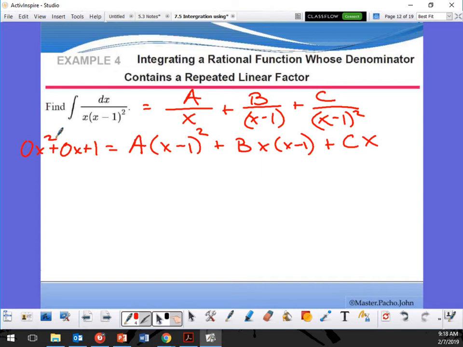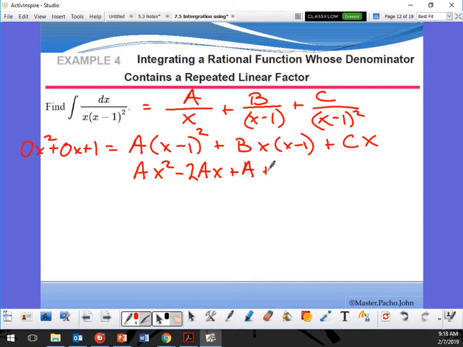Okay? Expand this. So it's going to be a x squared minus 2a x plus a. You guys agree there? Yeah. Okay. I just expanded this and I distributed in the a.